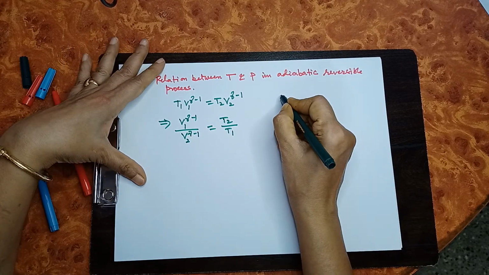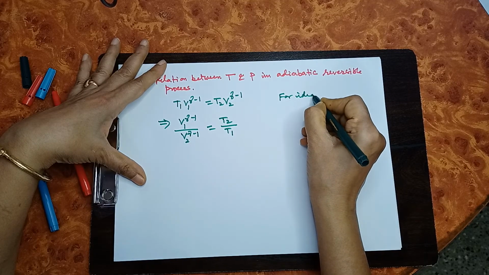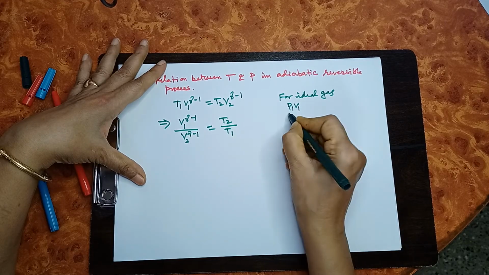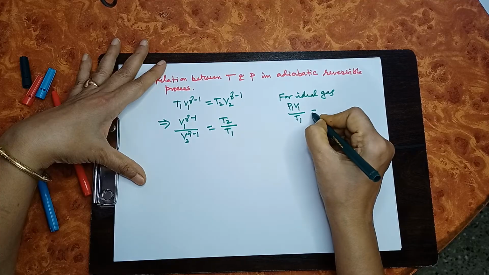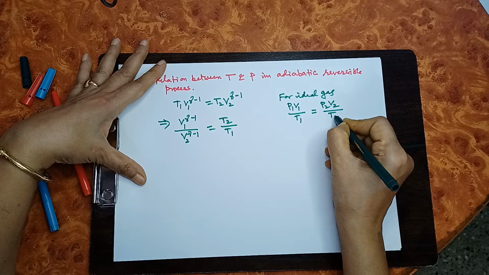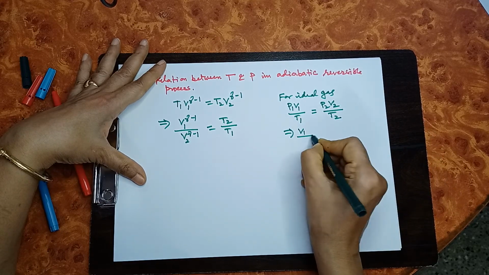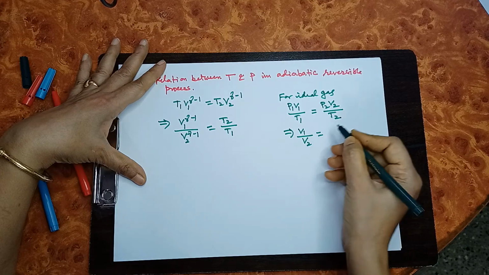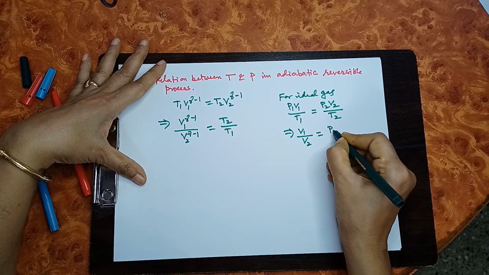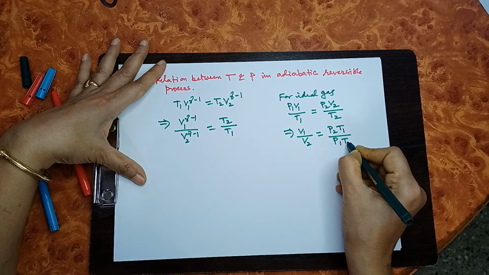Now once again, for ideal gas, P1 V1 by T1 is equal to P2 V2 by T2. So V1 by V2 from here is P2 T1 and then P1 T2.